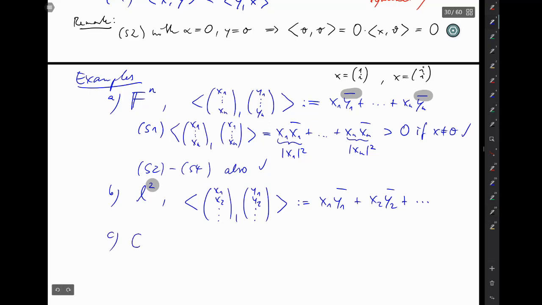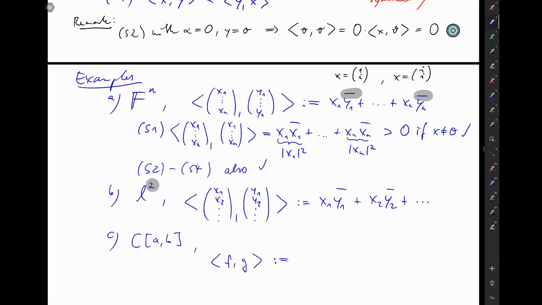And as a next example, let's look at the function space. Let's take the continuous functions over an interval from a to b, and let's put f comma g for two such functions equal to, we essentially do the same thing, so we take data from the first and complex conjugate of the data from the second, multiply and add up.